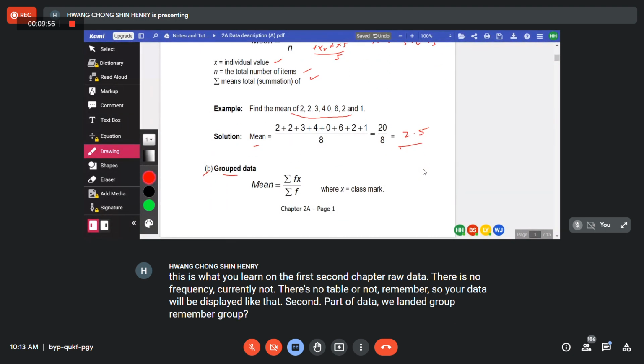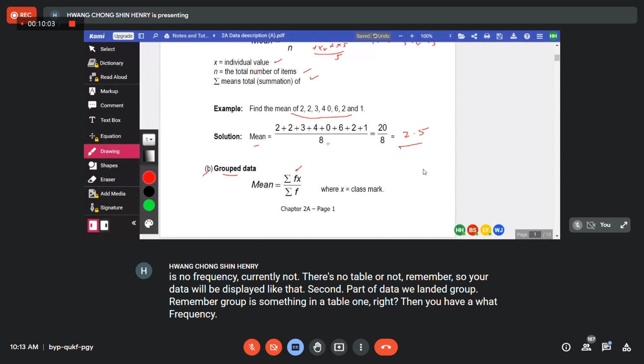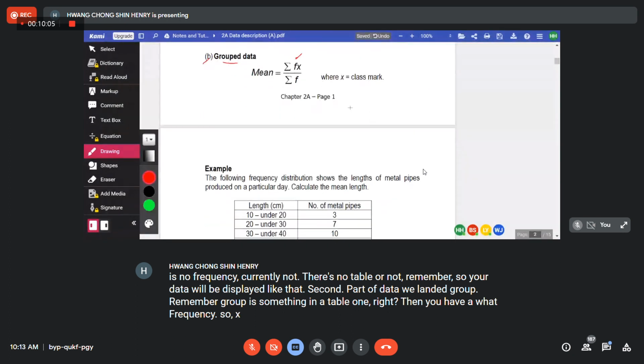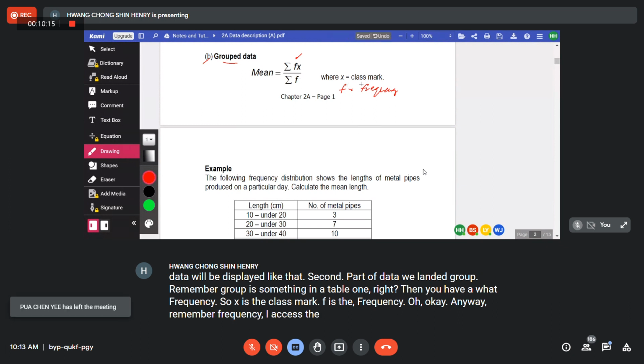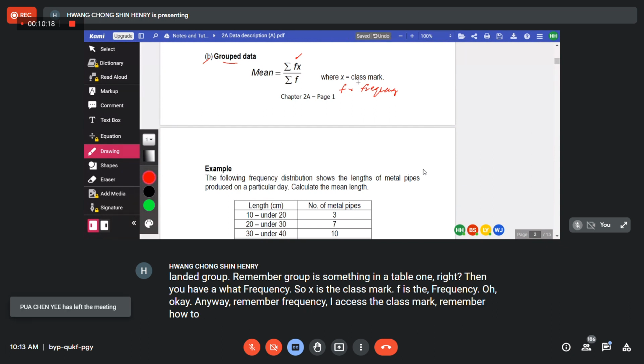Second type of data, we learned that, grouped data. Remember group? Group is something in a table, right? Then you have a frequency. So X is the class mark, F is the frequency. Everyone remember frequency, right? X is the class mark. Remember how to calculate class mark?